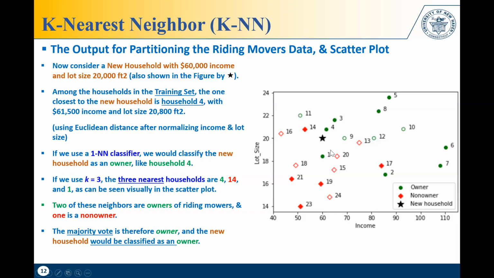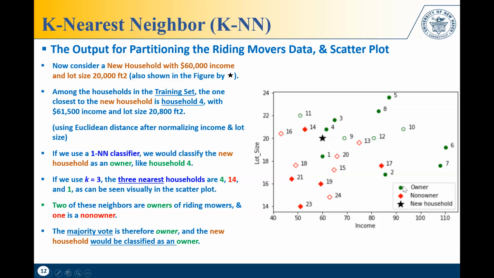So if we use a 1NN classifier, where K equals 1, we would classify this new household as an owner. Why? Because household 4 is an owner.